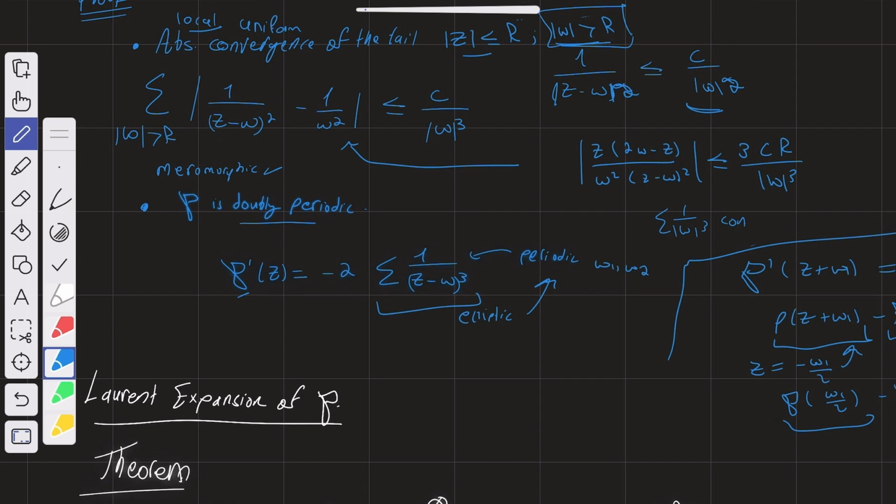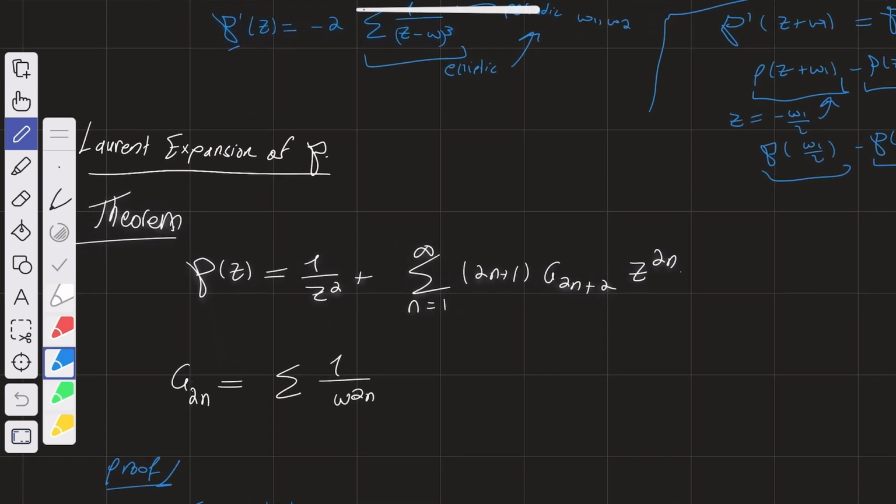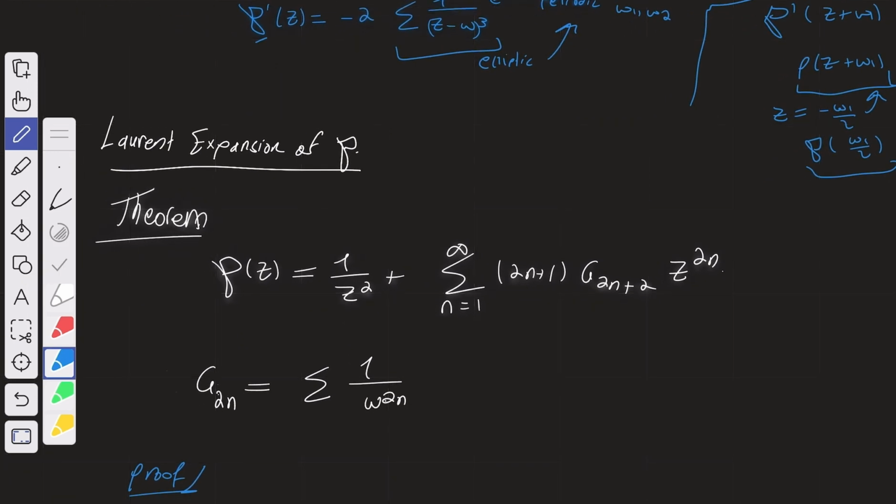So here's a theorem that we're going to prove right now. If we take the Laurent expansion of p of z, it's going to be something of the form 2n plus 1 times some term, which will turn out to be a modular form of even weight, times z to the 2n.